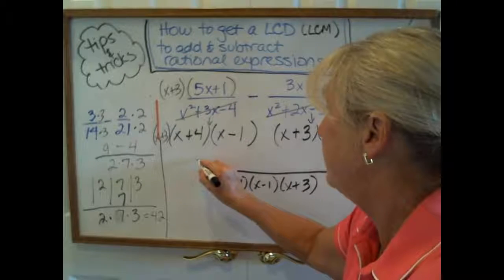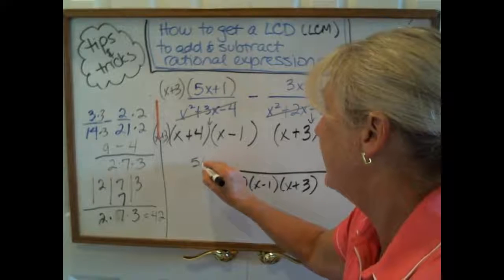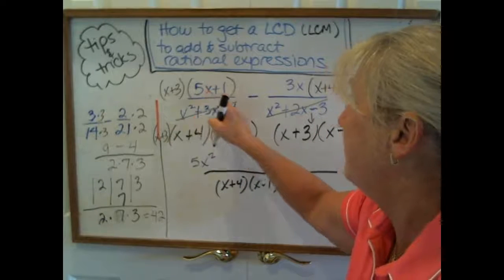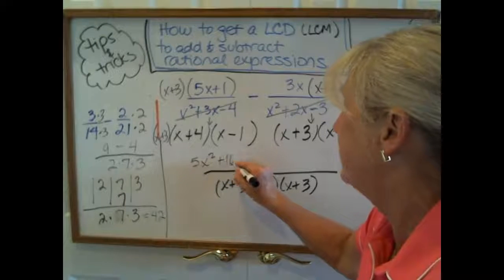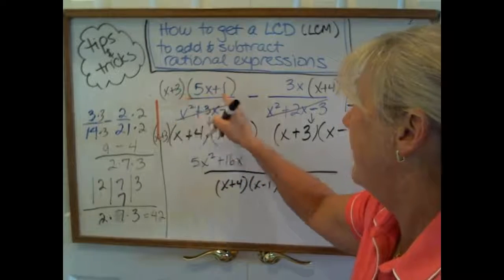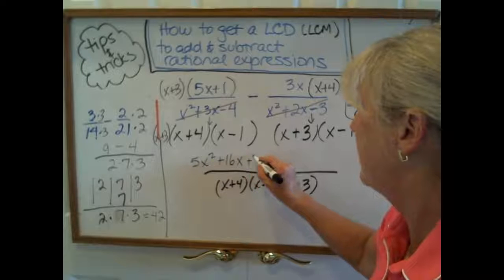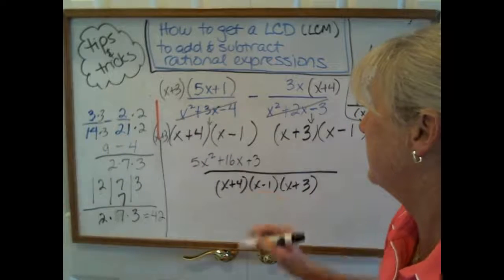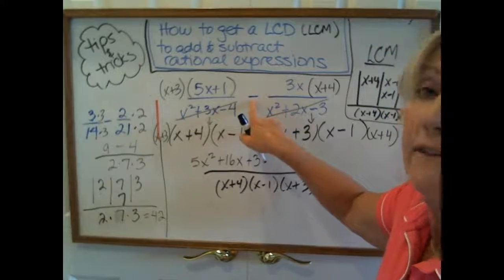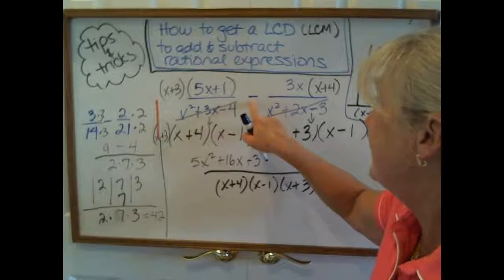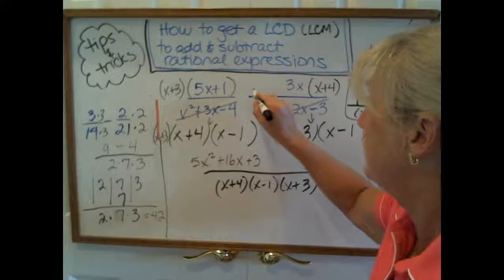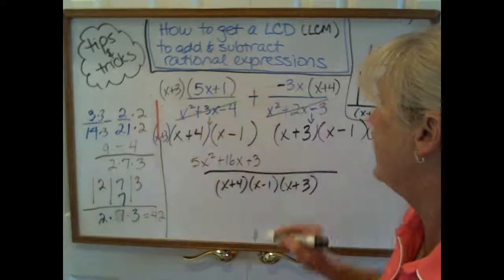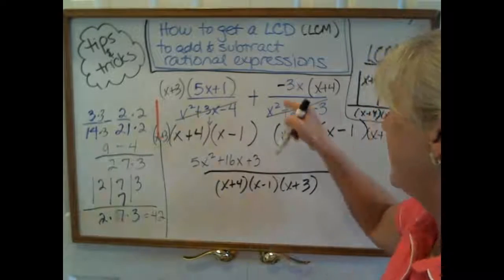This is going to be 5x squared, and then plus x plus 15x, so it'd be plus 16x, and then plus 3, because 3 times 1 is 3. Now, this negative sign is easily lost, so you want to put it up here. So I'm going to do plus and then a negative 3x there, so that I don't lose it.